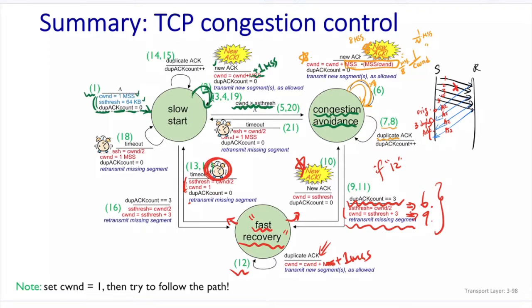If congestion gets even worse and the timer times out, then we go to step number 13 and reset the threshold and congestion window, and we start over from slow start. That is the idea of TCP congestion control.